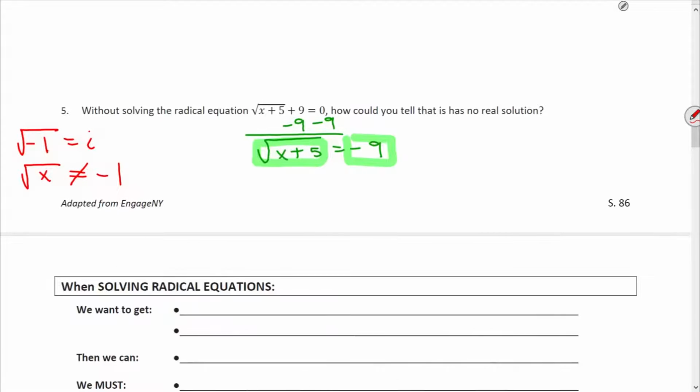The square roots will always be positive numbers or 0, never negative. So keep an eye on situations like this where a square root, in this case the square root of x plus 5, is equal to a negative. If you see that, you can just stop there and say no solution, because a square root will never be negative.